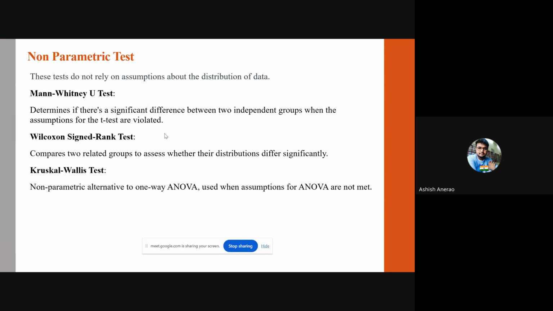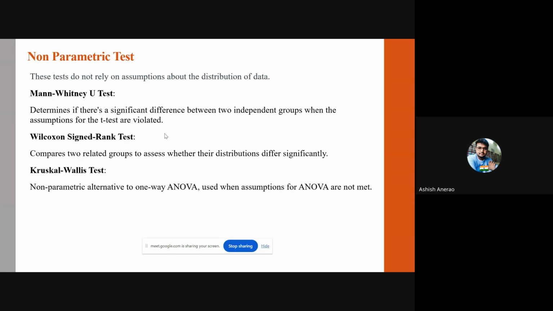Now next is the Wilcoxon signed rank test. If our data is correlated, like the paired t-test, the Mann-Whitney U test is the alternative form of the independent sample t-test, and similarly the Wilcoxon signed rank test is the alternative form of the paired sample t-test.